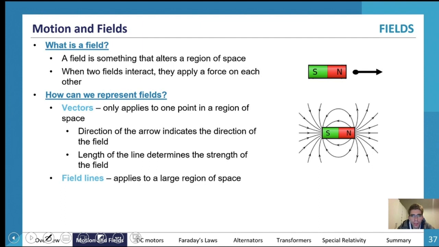The direction of the arrow indicates the direction of the field. The length of the line determines the length of the field. Field lines apply to a large region of space.